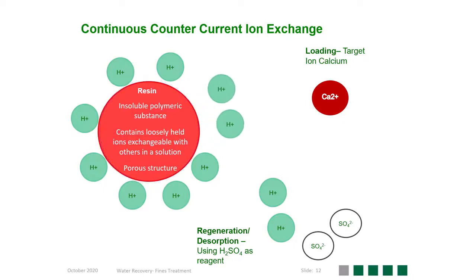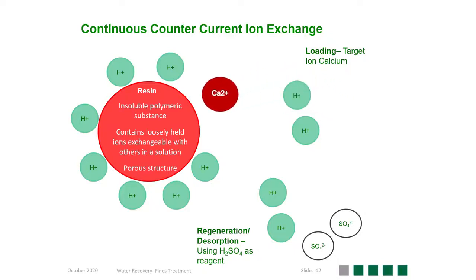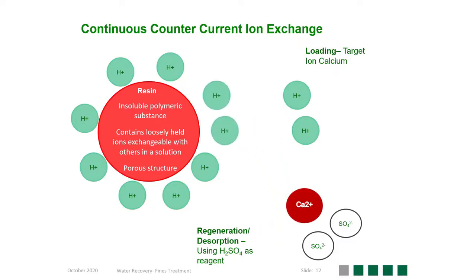So when the resin is exposed to a stream that has a contaminant in, such as calcium in this instance, which can cause increased reagent consumption in your plant, the calcium is exchanged for H+ ions, and then when you regenerate your resin with sulfuric acid, in this case, your resin is regenerated and ready to be reused again. Resin chemistry has always been well understood and respected. The problem was always that there was no technology to facilitate the extreme advantages that the chemistry can provide.